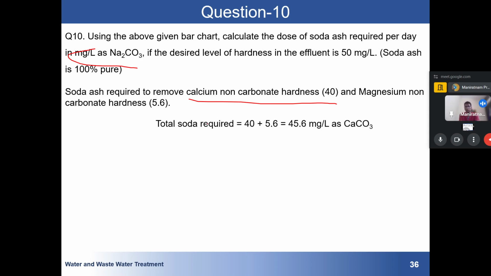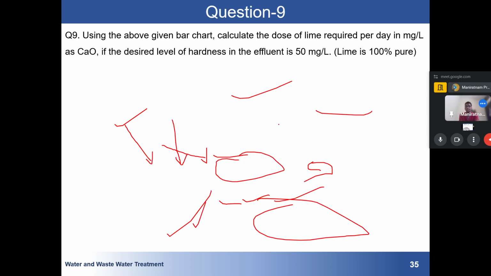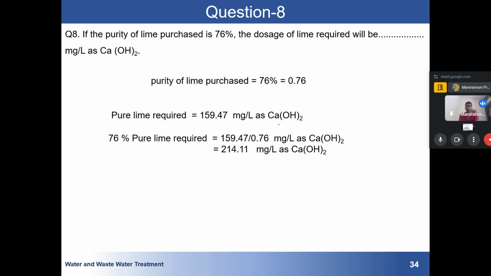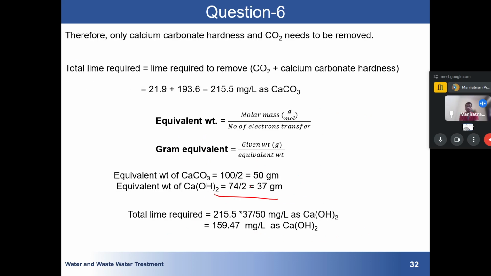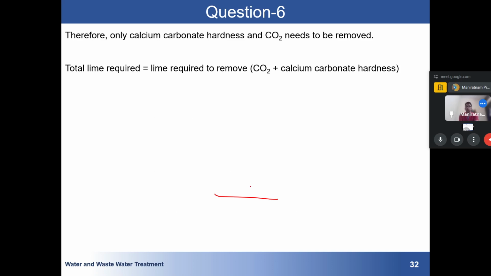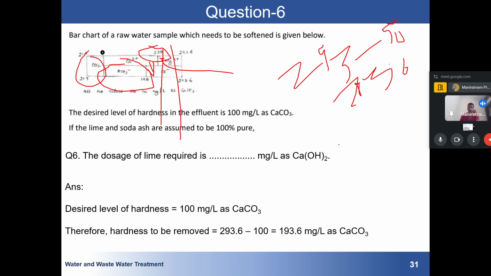So total soda required is 50 plus. Remember, in this question, as the limit was 100 milligram per liter, the desired removal was only up to here.